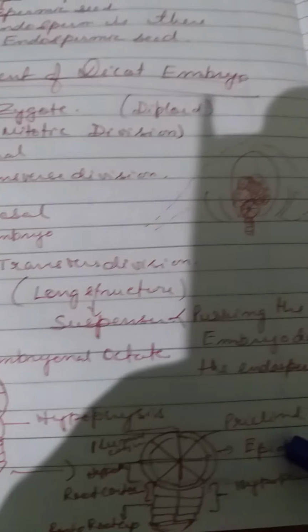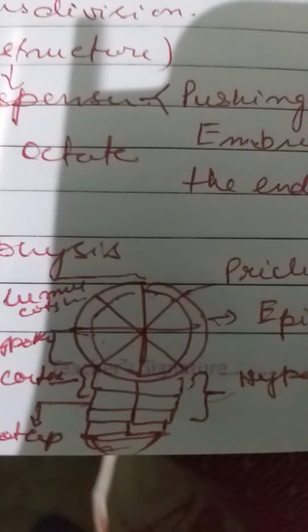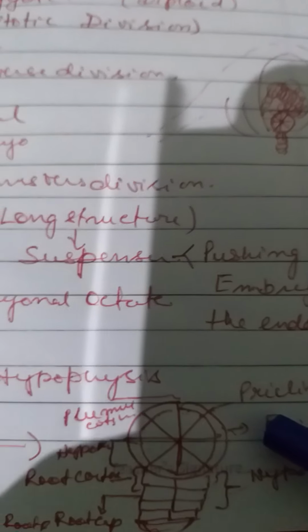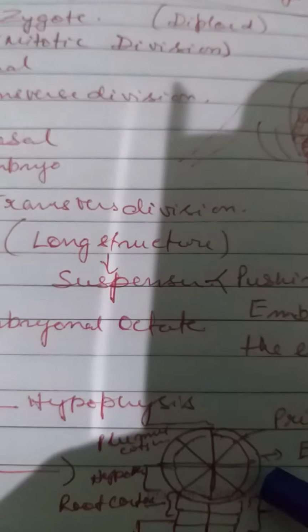Here, after the octant, you see they develop an outer layer. You can see clearly they develop an outer layer of cells, and that is known as periclinal division, and they actually form the epidermis.